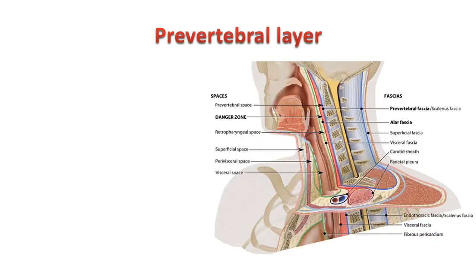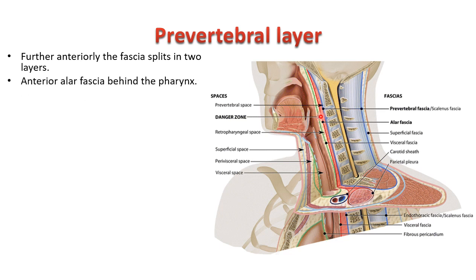So further, if you trace it anteriorly, it has an anterior layer, which you are able to see as that red line, and then you are able to see the blue line. So the anterior layer is actually called the alar fascia, or the alar layer of prevertebral fascia, which is present immediately behind the pharynx.